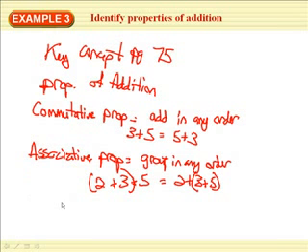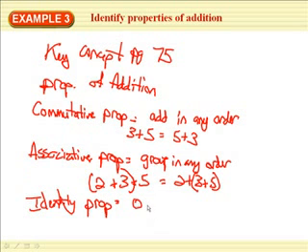The identity property. These are all of addition. Okay, the identity property is just adding 0. Any number plus 0 is that number.